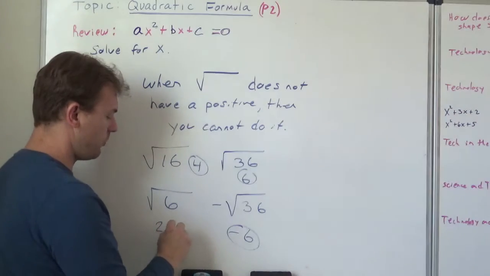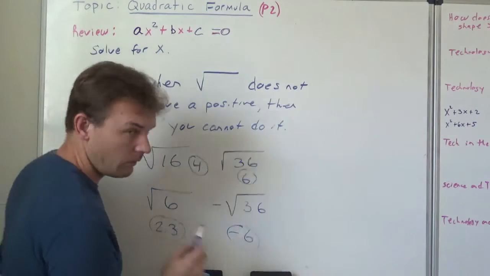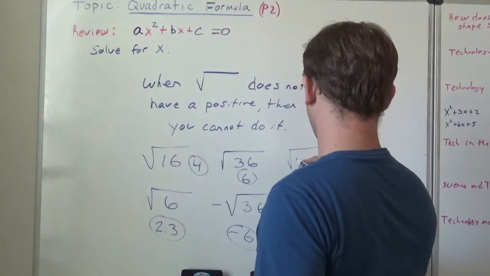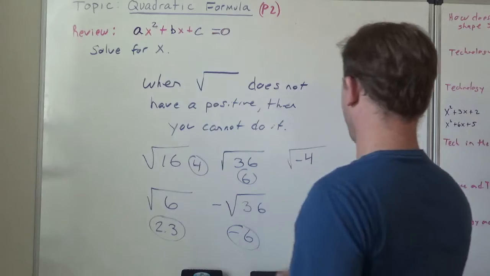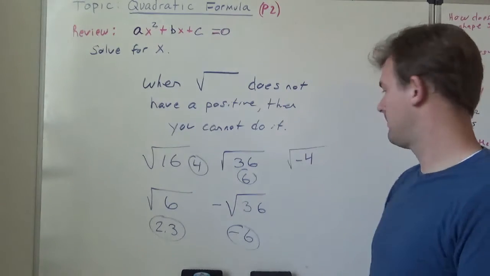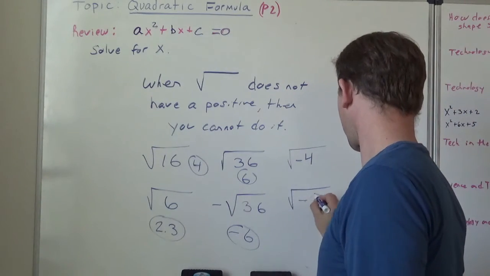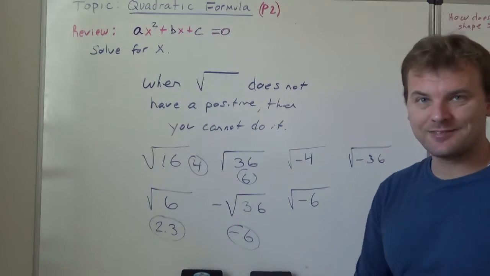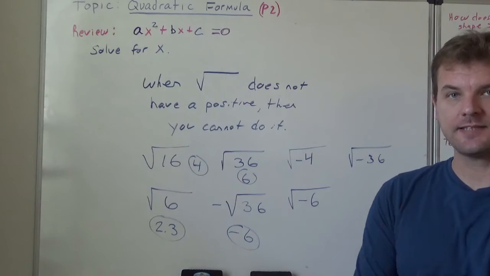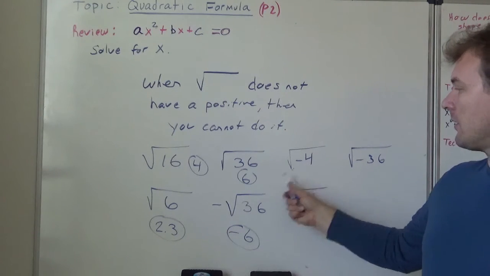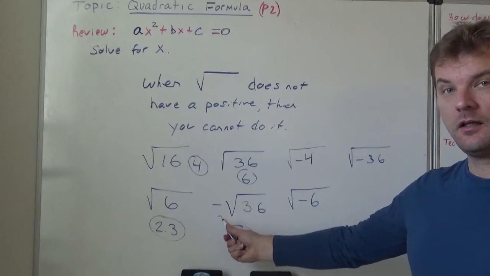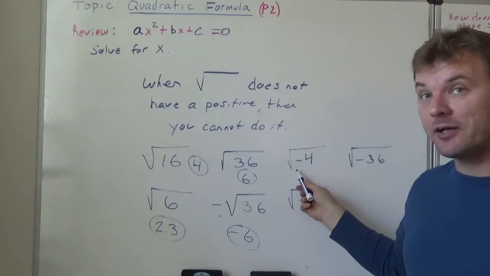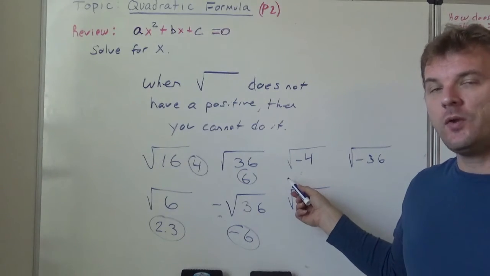So this is about what, 2.3 maybe? Well, what happens to this? Do you see where the negative's at in these? They're under, not outside. They're inside. If you have a negative number inside, you can't do it.